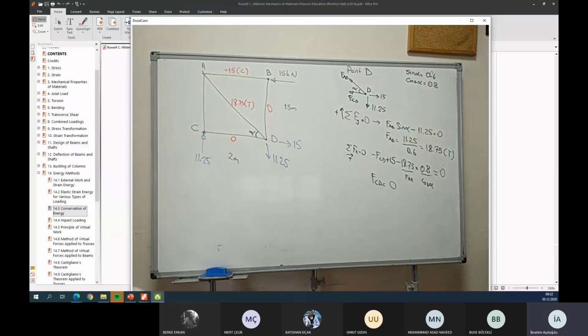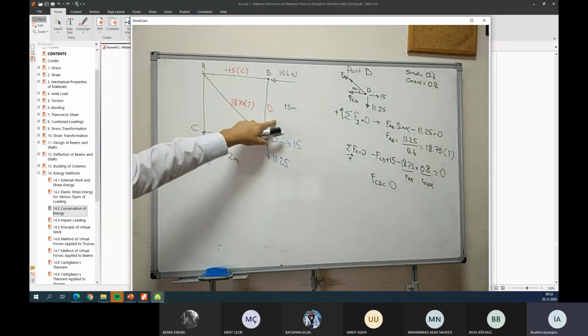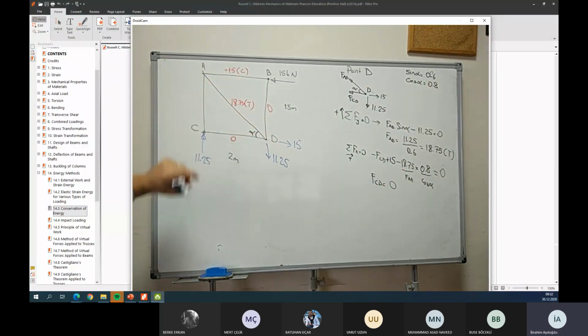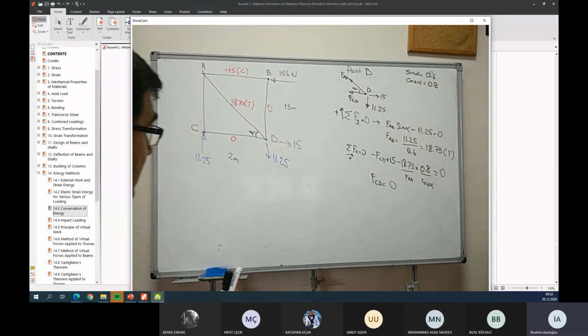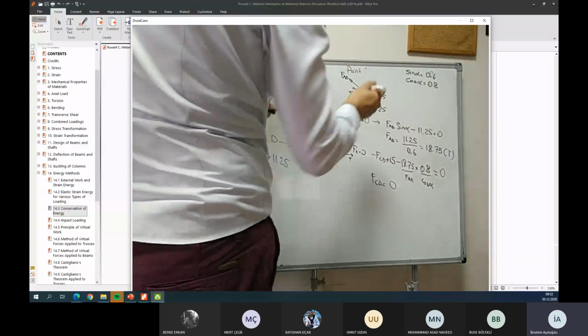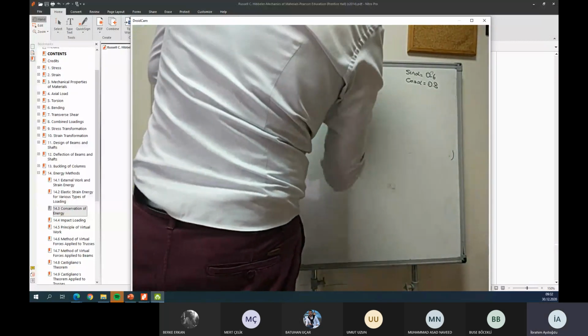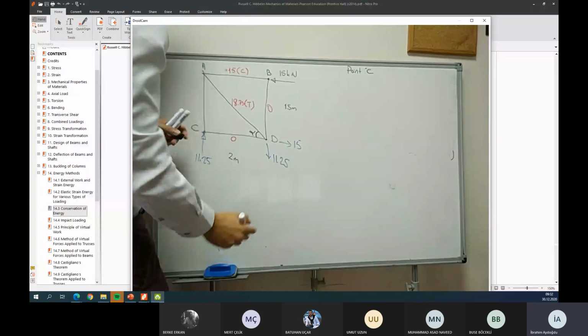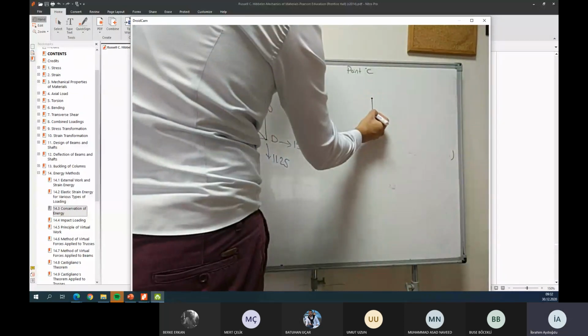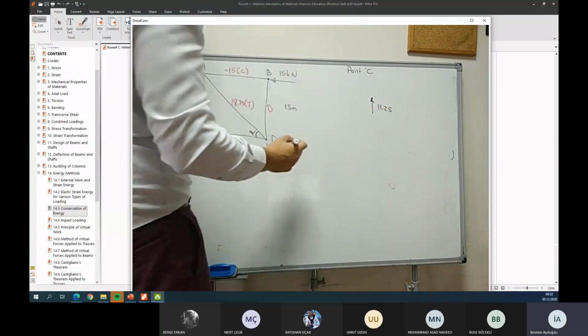Just one point remaining. I don't need to write point A because I have already computed this force and this force. Just this force is remaining. Point C, in my opinion, is a little bit easier than point A, so I need to continue with point C. On point C, the only external force is 11.25 upward.